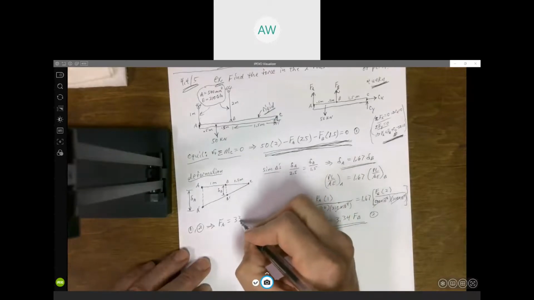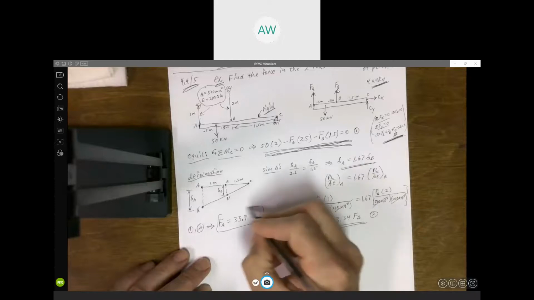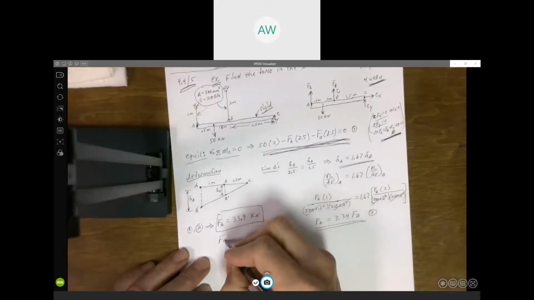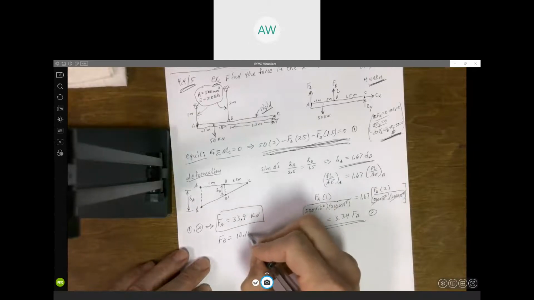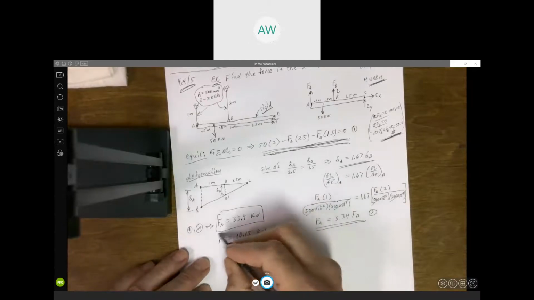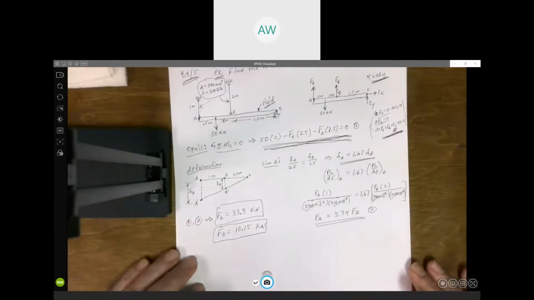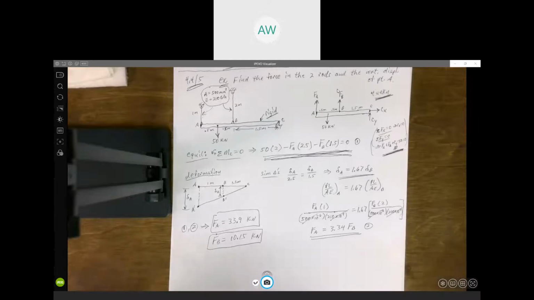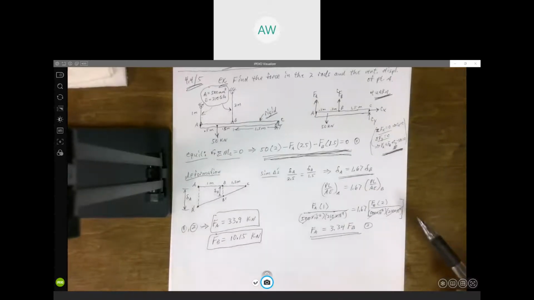I got force A was 33.9 kilonewtons. And FB 10.15 kilonewtons. Okay. And so that's how we're able to use a combination of statics and mechanics of materials to actually solve for these forces.